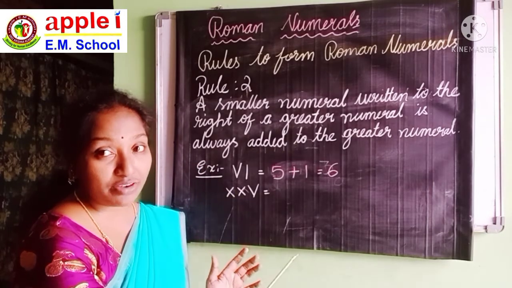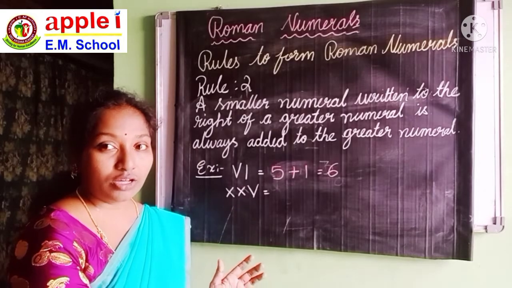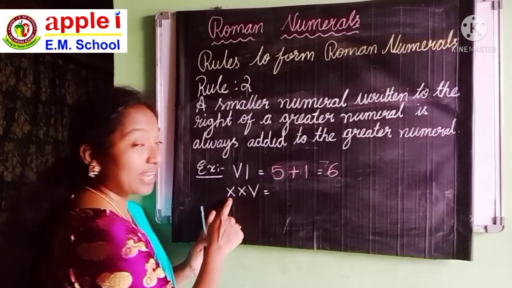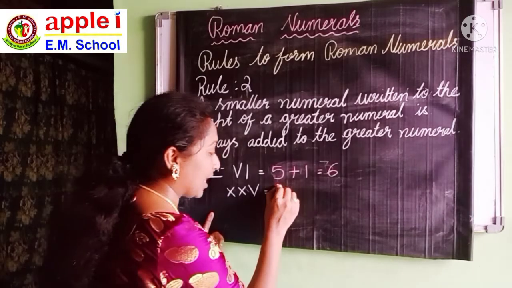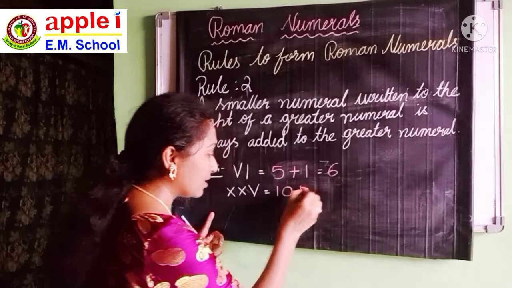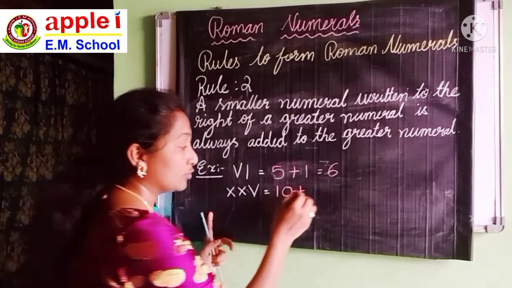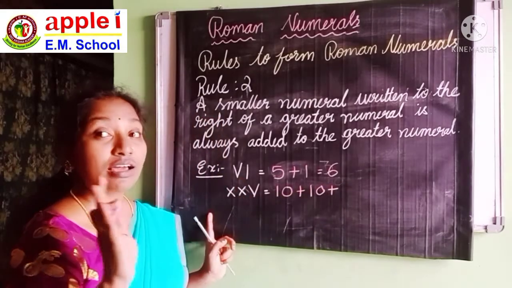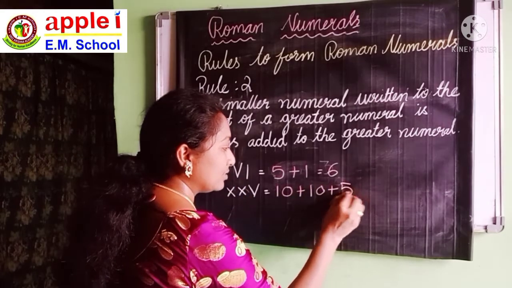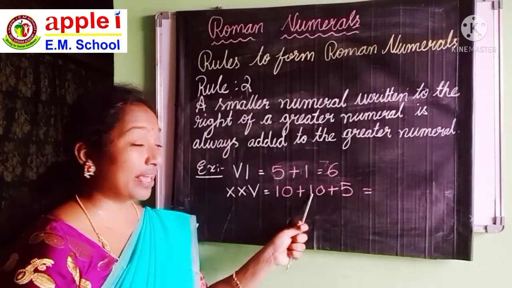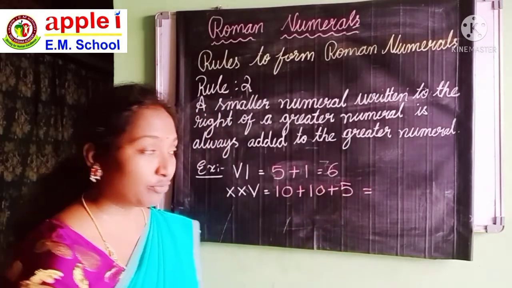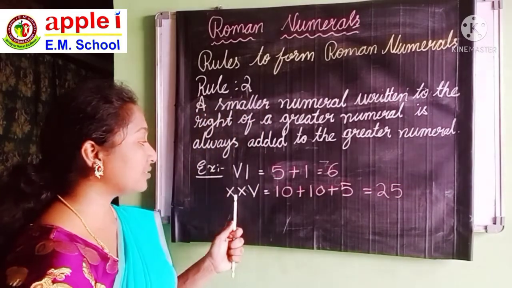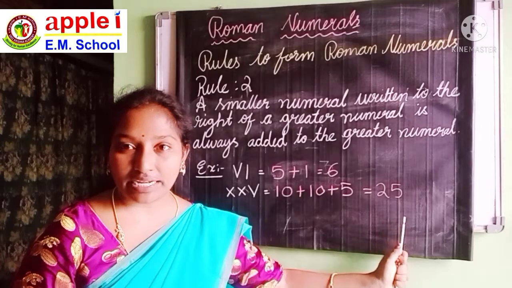Again, on the right side we have a smaller one, so we have to add. First write X, 10, plus another X, plus 10, plus V, plus 5. So 10 plus 10 is 20, 20 plus 5 is 25. So XXV means 25.